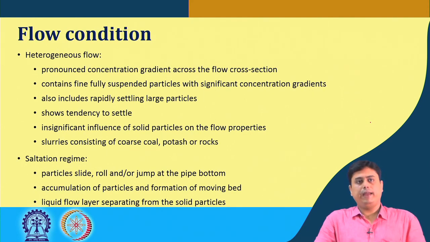In case of heterogeneous flow, unlike the homogeneous case, there would be a pronounced concentration gradient across the flow cross section, whereas in the homogeneous case there was a uniform distribution with no gradient.